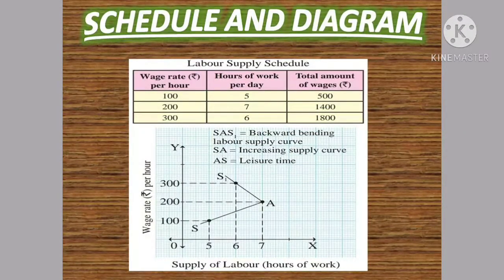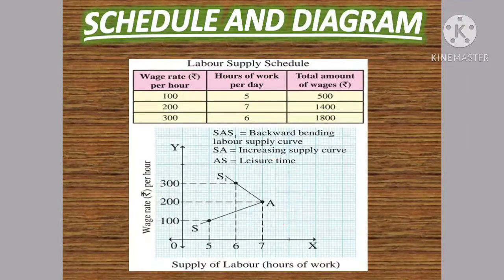Thus, he is ready to work only for 6 hours. At the point A, the supply curve bends backward, which becomes an exception to the law of supply.